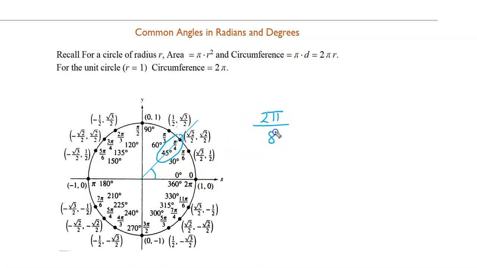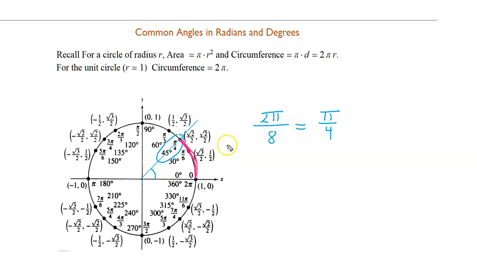If we divide that by 8, that will give us this distance along the outer edge of the unit circle, right there. And that distance is 2 pi divided by 8, which is pi over 4. So that's why 45 degrees corresponds to pi over 4 radians.